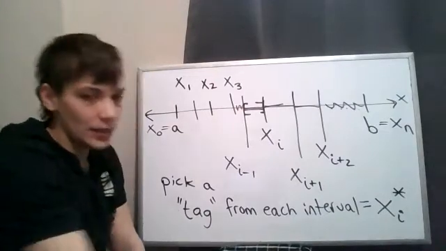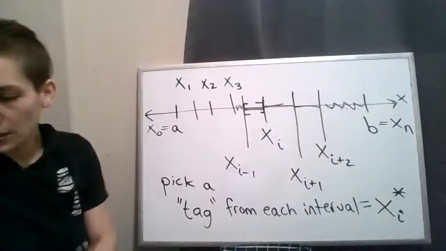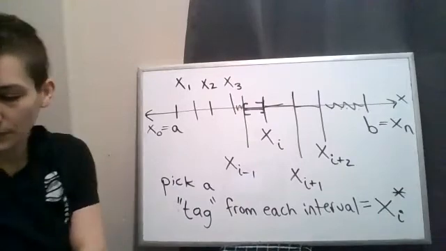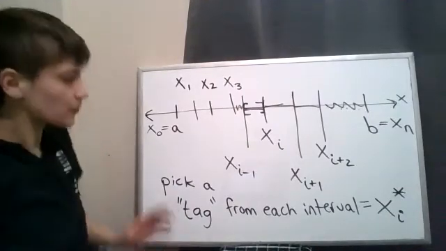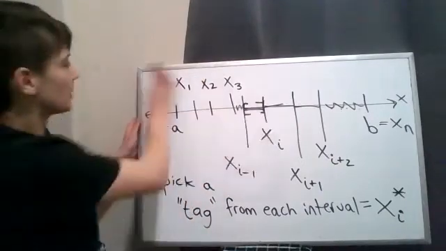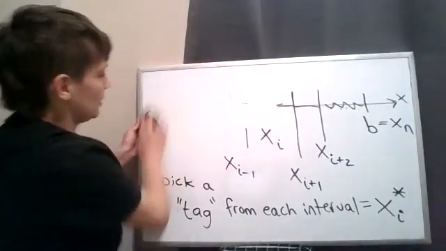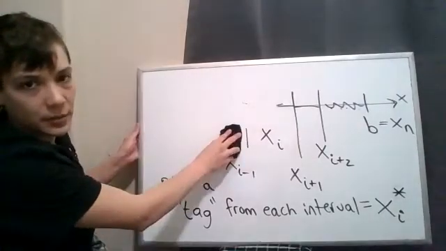And then we can put it all together into a definite integral. So the definite integral from x equals a to x equals b.